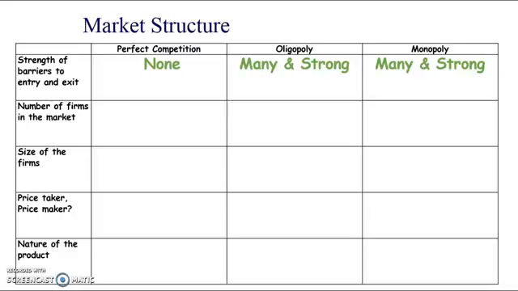Oligopoly is the difficult market structure, I sometimes call it, because it's sort of the market structure that is what's left behind. They came up with perfect competition, and they came up with monopolies, and then they were like, okay, there are some market structures that don't really fit these features of the market. Okay, we'll call them oligopolies.